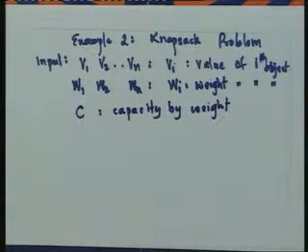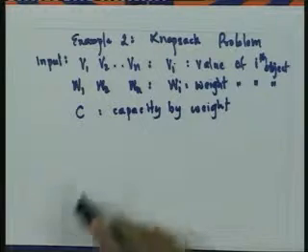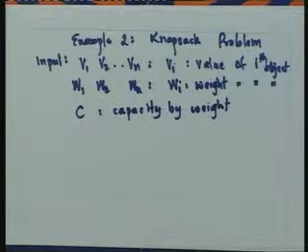The problem should be obvious by now. We want to determine which of these objects we should place in the knapsack such that we don't exceed the capacity of the knapsack, and such that we are picking up objects of maximum value.